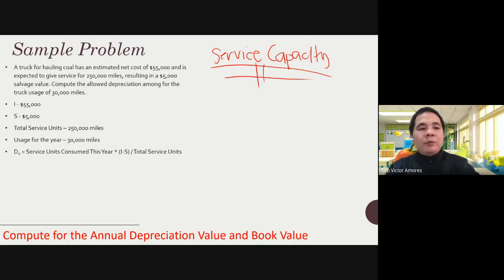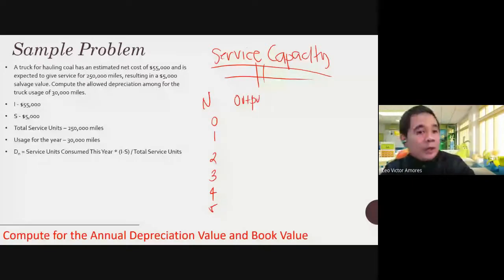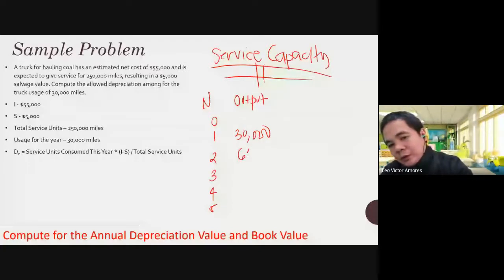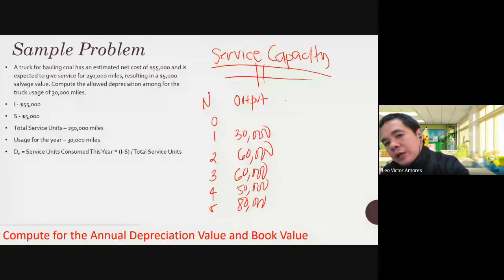Say for example this one, no? So 0, 1, 2, 3, 4, 5. Sa example, so ang imong N and then imong output, pila imong first year ani? 30,000. This is 60,000. 60,000. 50,000. This is 80,000. Your DN or depreciation.